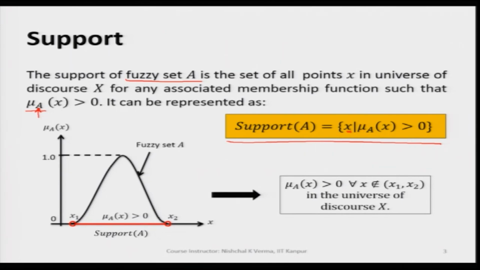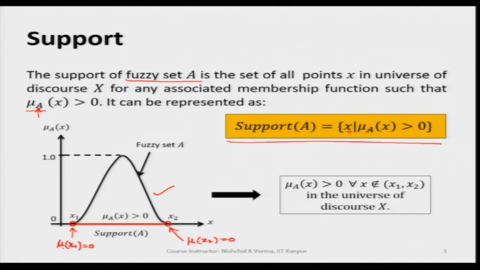So, it is very clear that if I have a fuzzy set, let us say here, this fuzzy set has for the value of x 1, the mu of x 1 is 0. See here, the mu of x 1 is 0, and then at x 2 mu of x 2 is also 0.